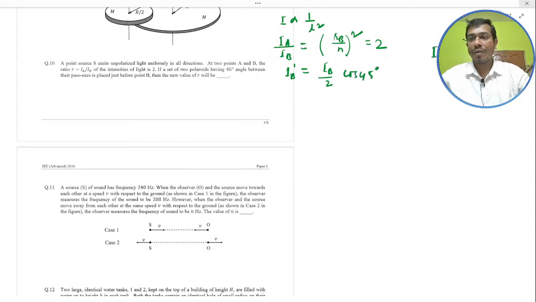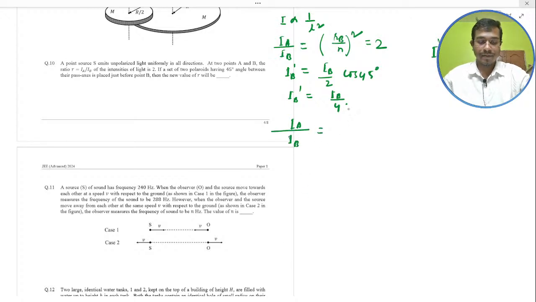I equal to I naught by 2 cos square theta. So IB dash would become IB by 4. Simple. So the ratio of IA divided by IB dash, this will become IA divided by IB by 4. So this will become 8. Here the option 8 would be the correct.